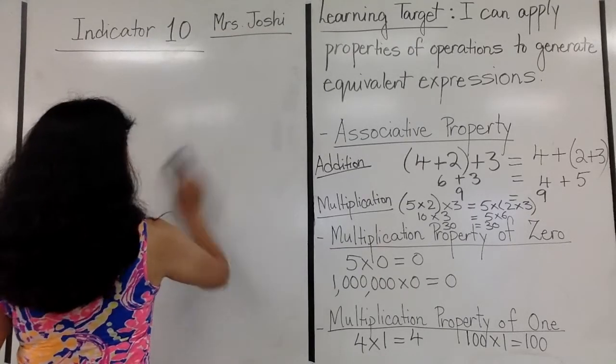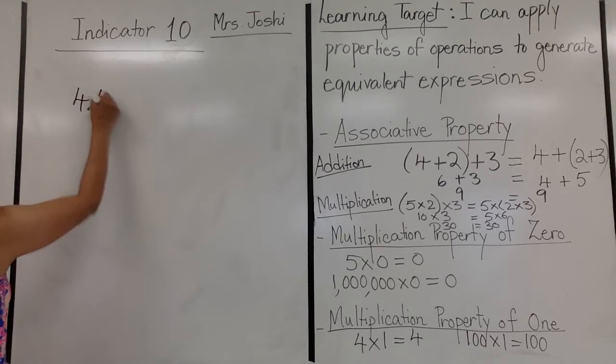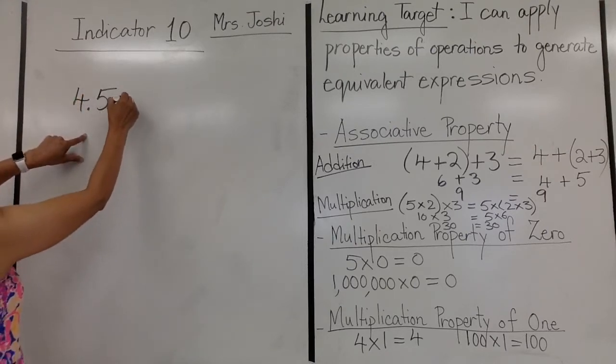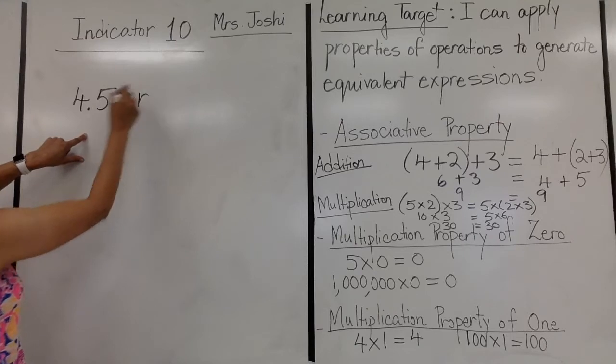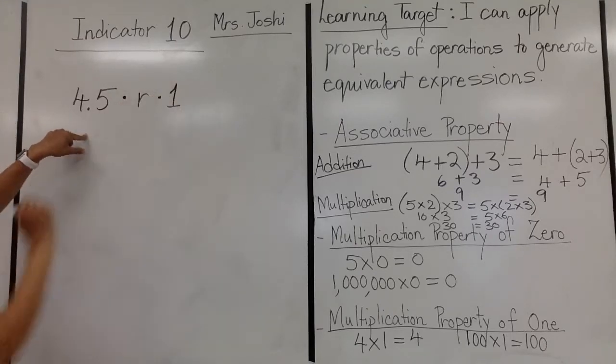Let's do one last problem, and we are going to do 4 and 5/10. Now look how I've written the decimal, which is very different from what the multiplication part was earlier, which was up here. Okay, so 4 and 5/10 times r times 1.